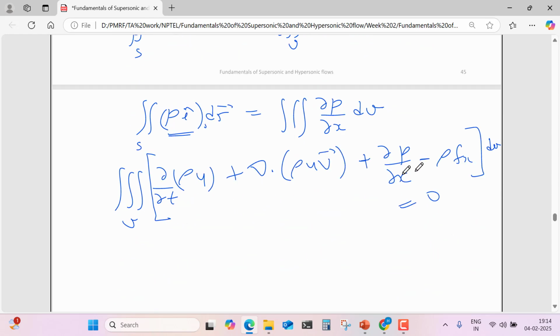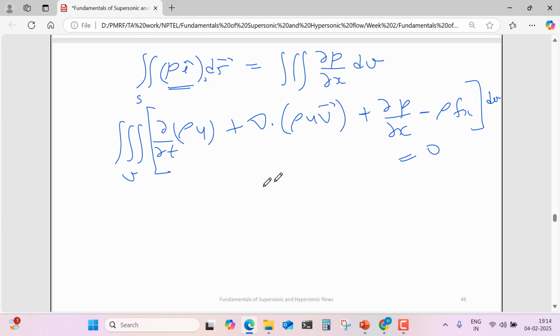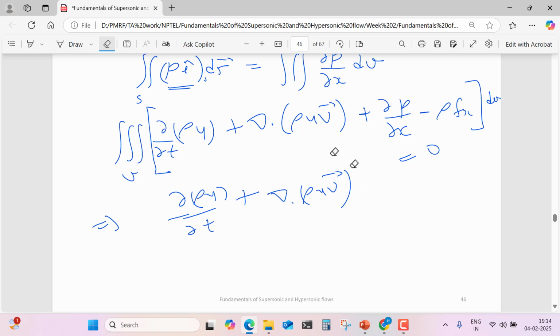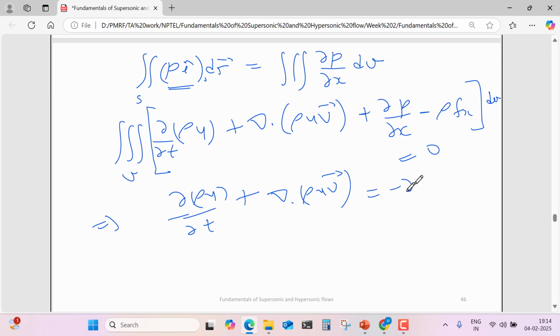This term should be 0 because it should satisfy at each and every point. So we will get ∂(ρu)/∂t plus del dot ρu V⃗ equal to minus ∂p/∂x plus ρ f_x.